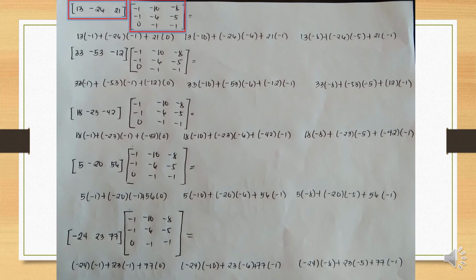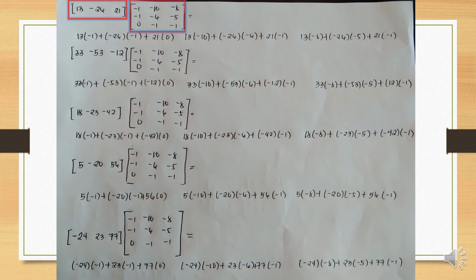So 5 times -1 plus -20 times -1 plus 56 times 0. The second column is 5 times -10 plus -20 times -6 plus 56 times -1. The third column is 5 times -8 plus -20 times -5 plus 56 times -1. And the last coded matrix is -24, 23, and 77.